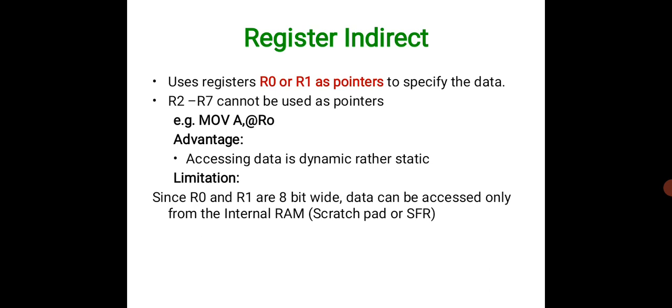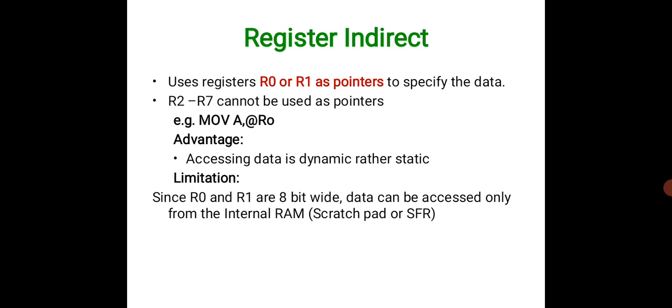The advantage is that you can access the data dynamically rather than statically, as in the direct addressing mode, where we can use only static addresses. Suppose I want to move a block of data from location 50H to 60H.